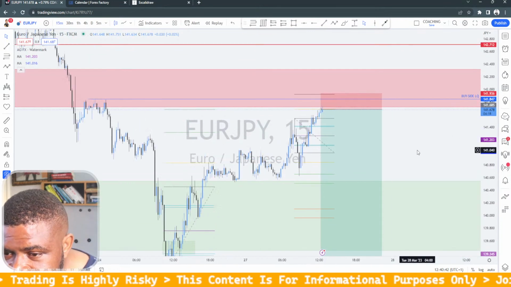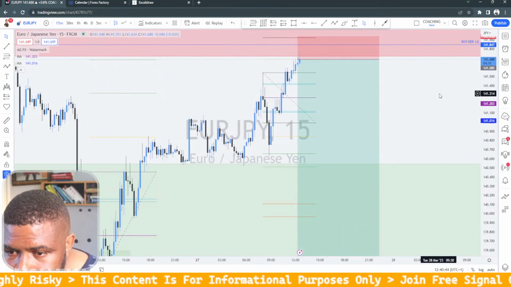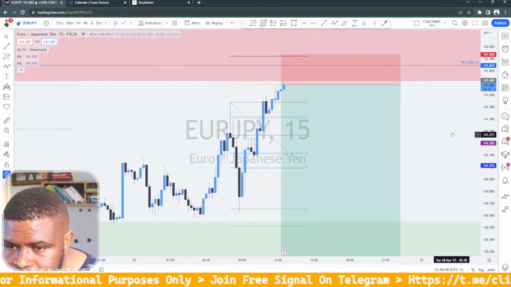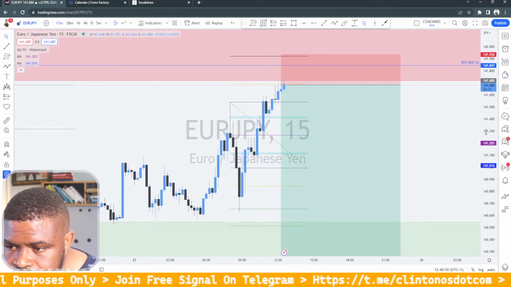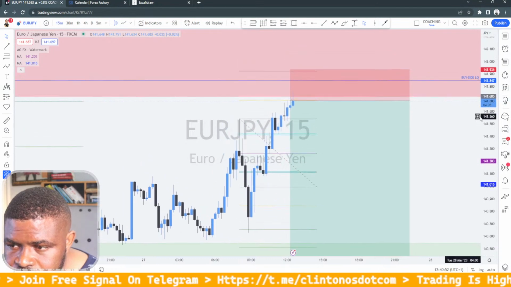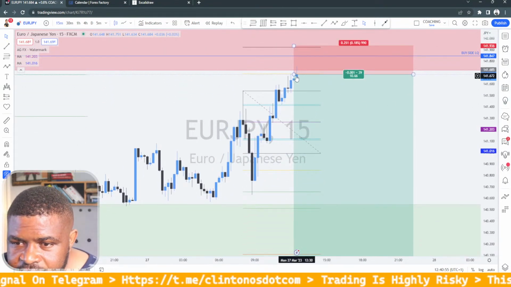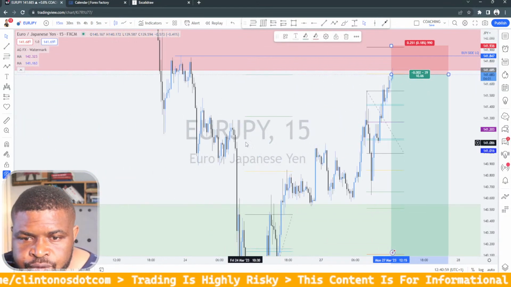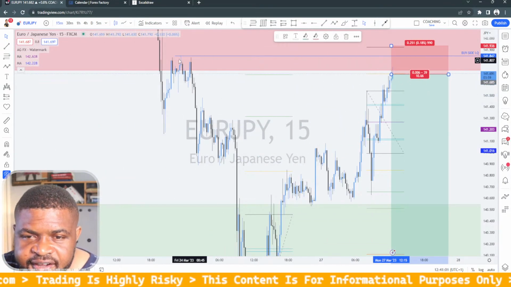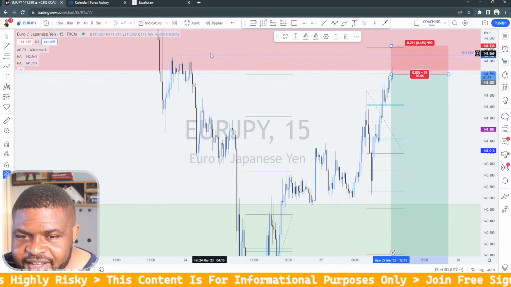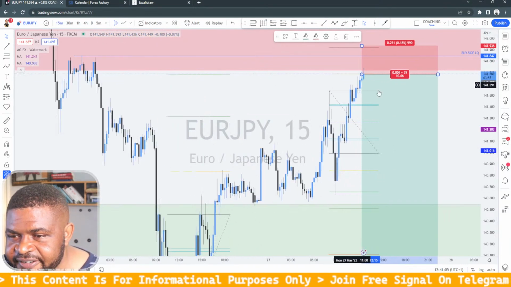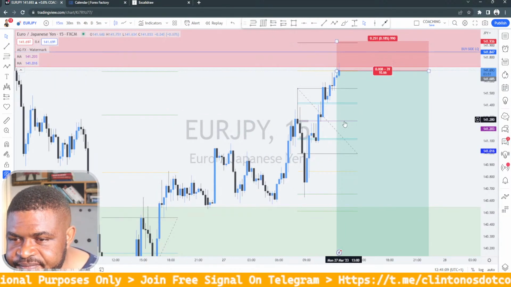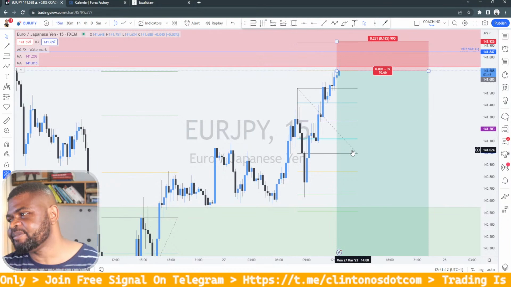If this bar closes above, oof, let's see. I doubt if the market is going to forgive this liquidity, whatever it is. This looks good to me. It's risky.